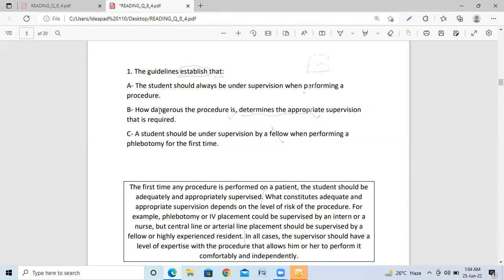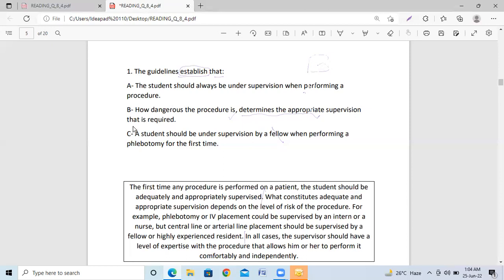Look at the word always, very important. The text says the first time any procedure is performed on a patient, the student should be adequately and appropriately supervised. The text says the first time, but the option says always. So it does not match, so we can exclude it.